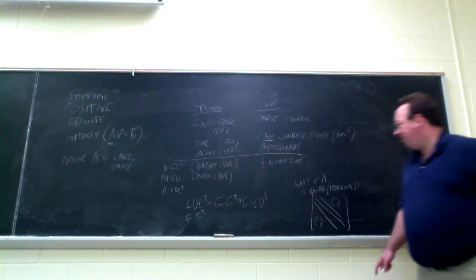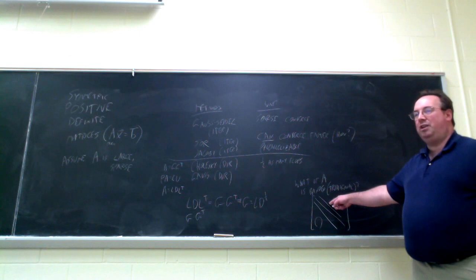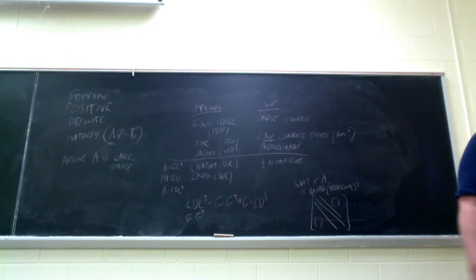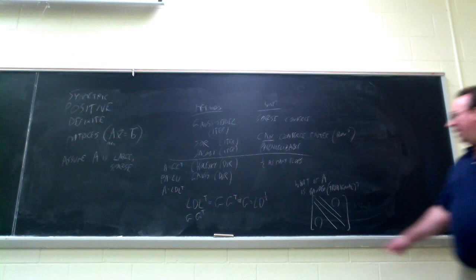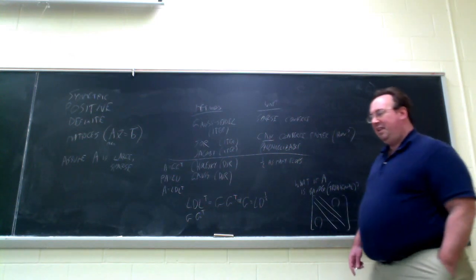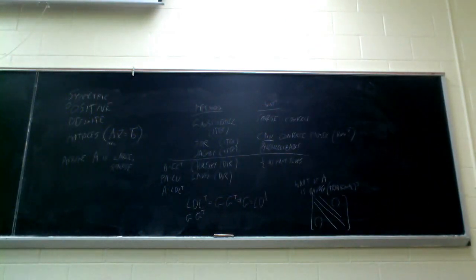So we could say this matrix has an upper bandwidth of 1 and a lower bandwidth of 1, because it's tridiagonal. What can we say about the bandwidth of a Cholesky factor in that case? The main diagonal doesn't count. Lower bandwidth is the number of diagonals below, upper bandwidth is the number of diagonals strictly above.